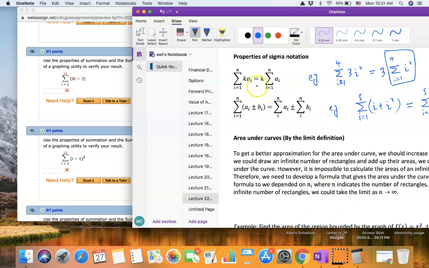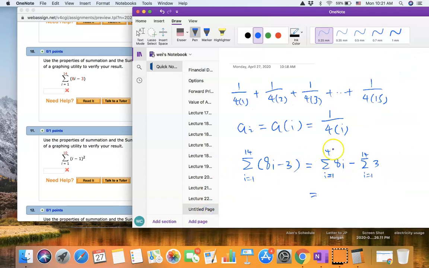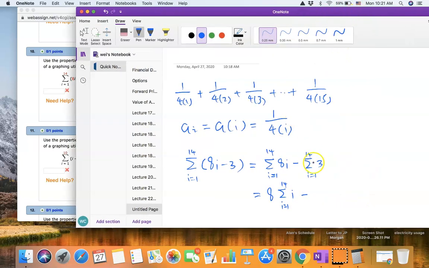We can use the first property, because here we have a constant 8. We factor out that. Now our sigma becomes the sigma of i. And for the second sigma notation, we can also factor out 3 to write this into the sigma of 1.